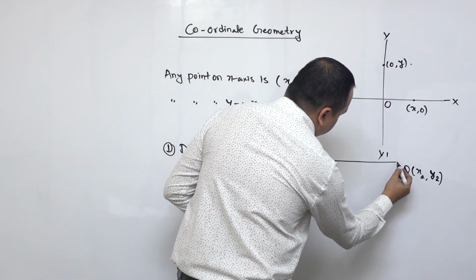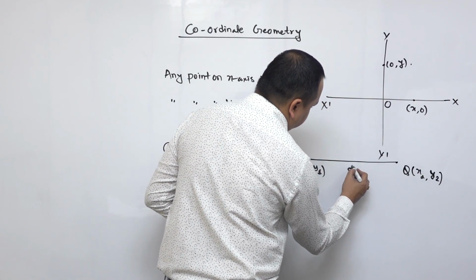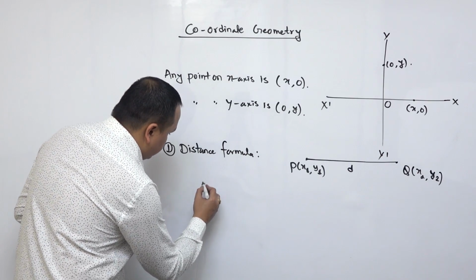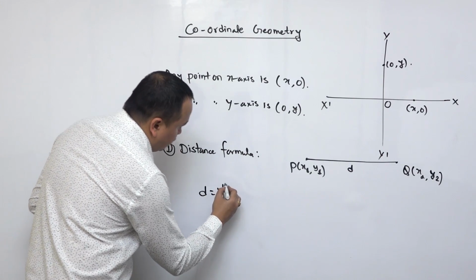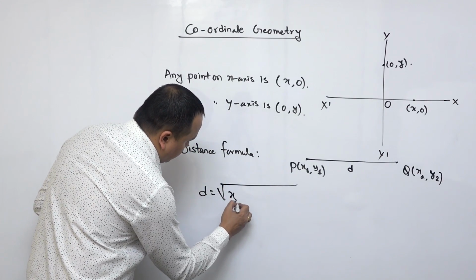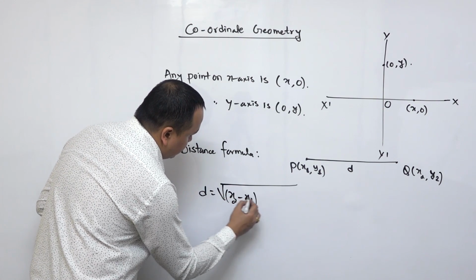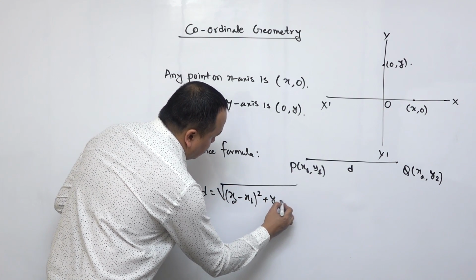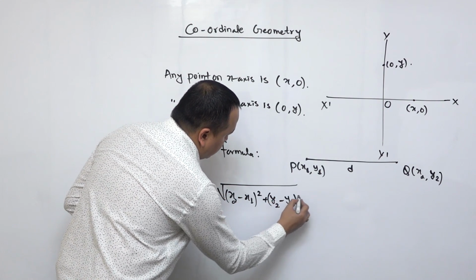Distance between PQ is D, and D is equal to root over (x2 minus x1) whole square plus (y2 minus y1) whole square.